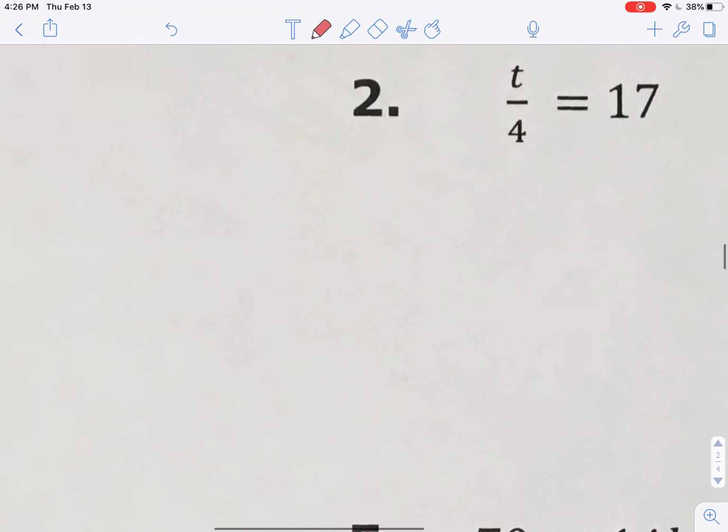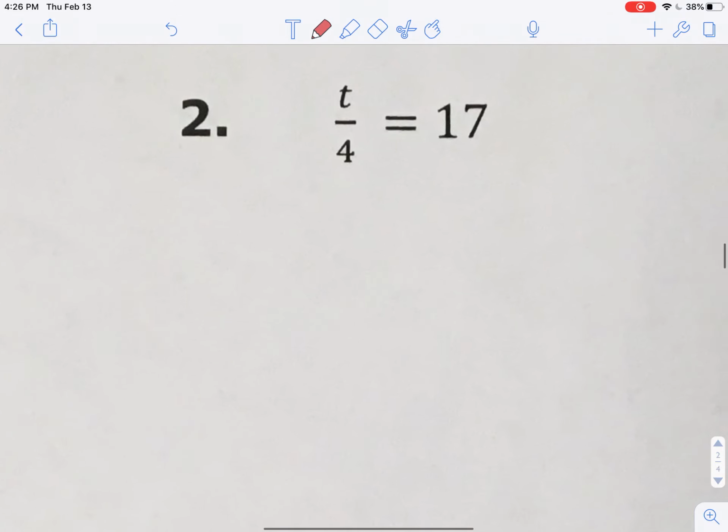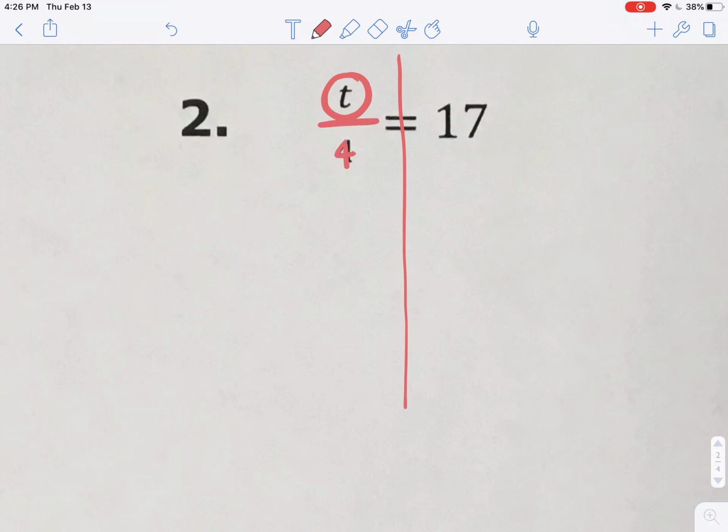Number 2, we can draw a line to separate each side of our equation if you'd like. We're trying to get the t by itself. And the t says, go away, 4. So what do we do to get a divided by 4 to go away? We're going to do the opposite or the inverse and multiply.